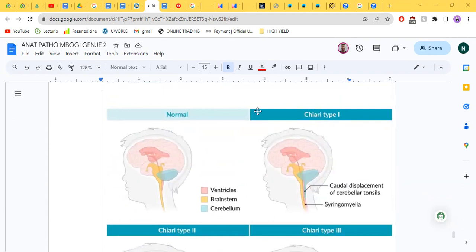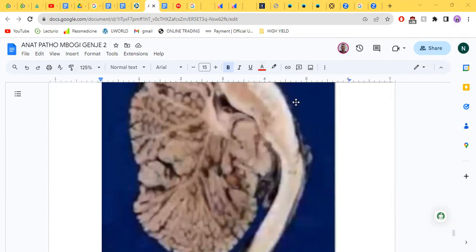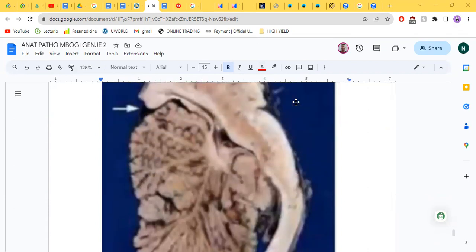But in type 2, there's herniation of both the medulla and the cerebellum. That's why this is type 2, because part of the cerebellum has also herniated below. If it was type 1, the cerebellum would have remained intact and only the medulla would have herniated downwards.